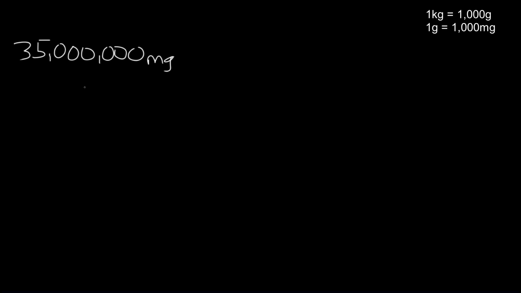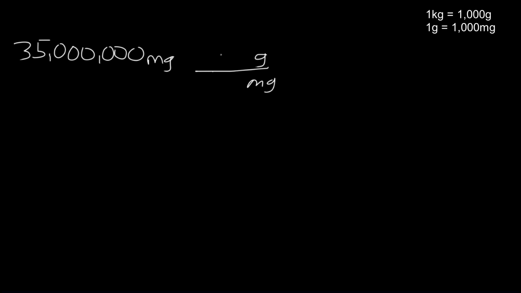We're going to do 35 million milligrams, and we want to convert that to kilograms. So we're going to do the same 2-step process, except this time we're going the other way. So first thing I want to change this to is milligrams to grams.